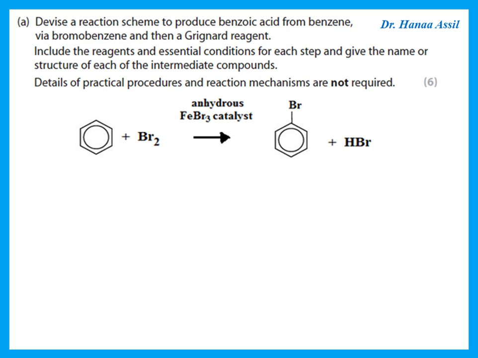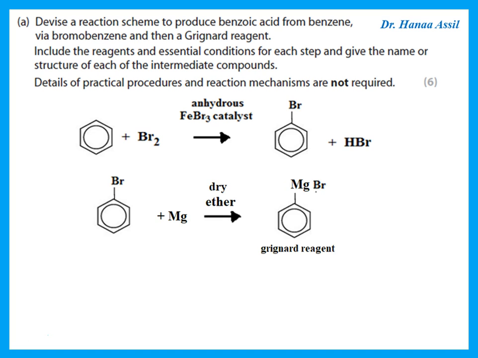Remember that benzene plus bromine in presence of what? Of anhydrous iron 3 bromide as a catalyst. So this gives me the bromobenzene. And then he wants to go through a Grignard reagent. So how do we prepare a Grignard reagent? The bromo compound plus magnesium in dry ether.